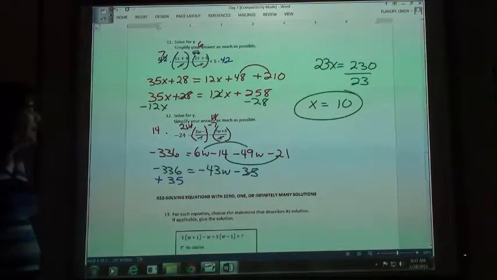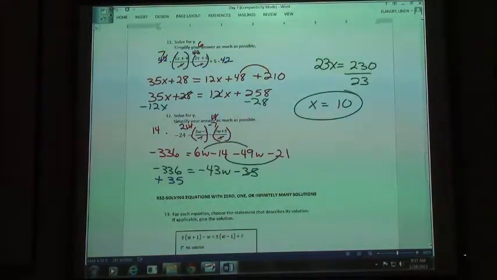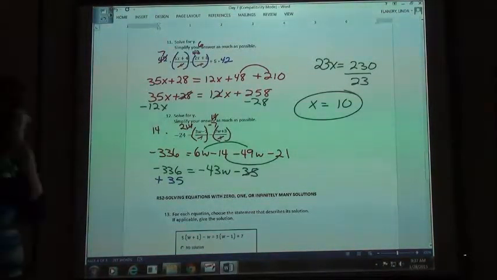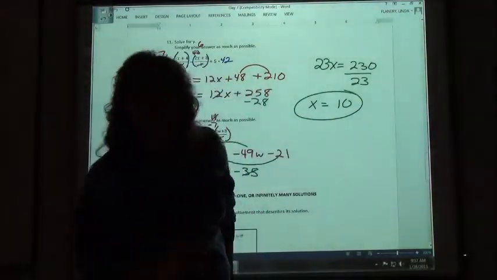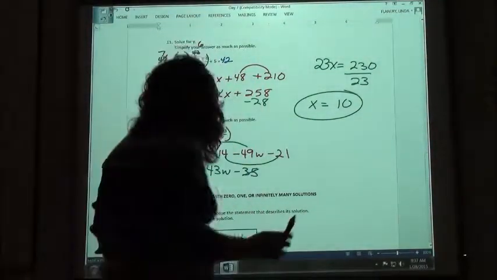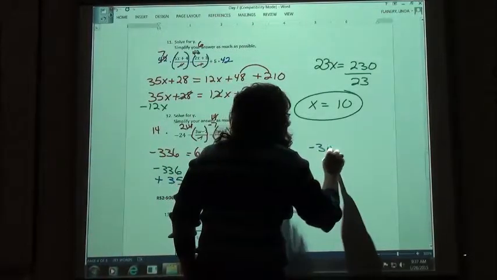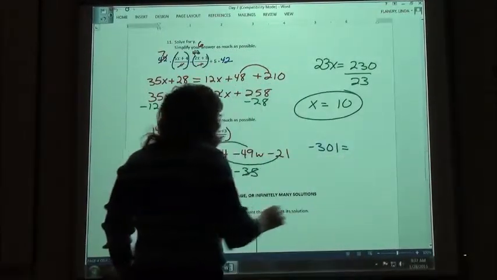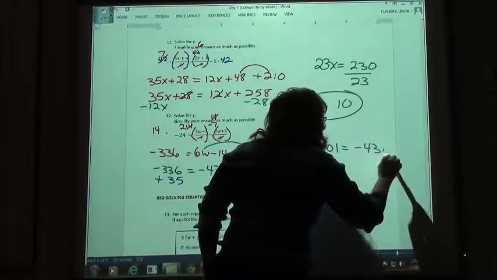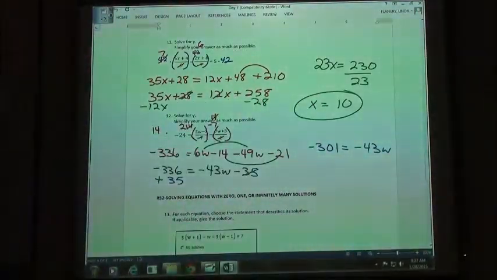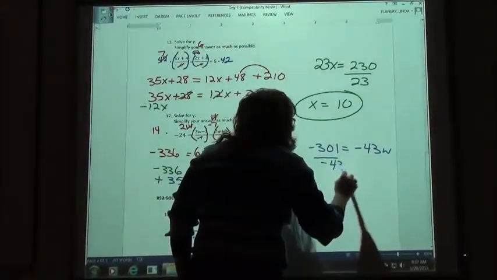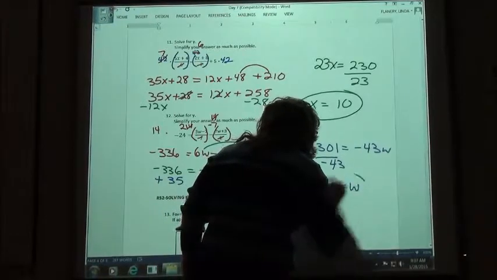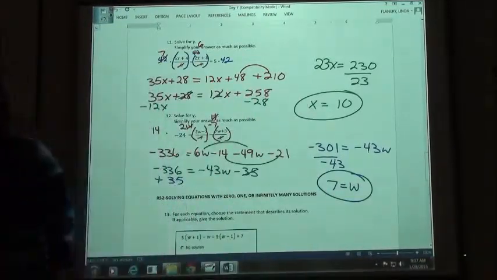So if I take negative 336 and I add 35 to it, I end up with, what was that? Negative 301? Negative 301 equals negative 43w then. And then I'm going to divide by negative 43 and we get positive 7. A nice whole number answer for w.